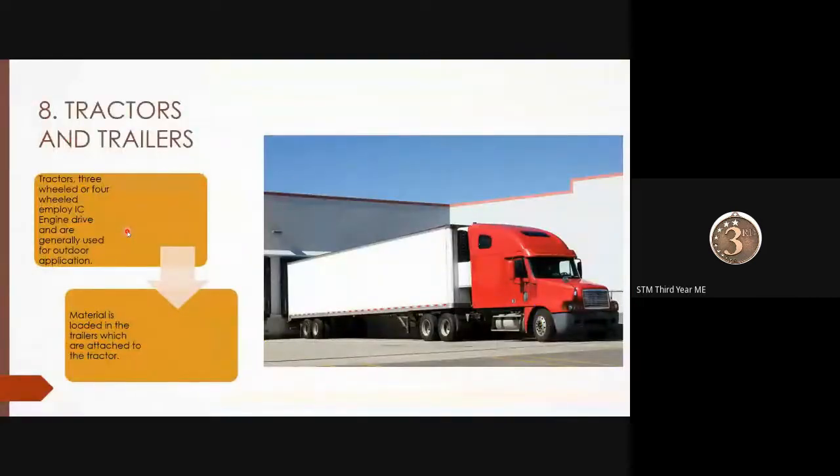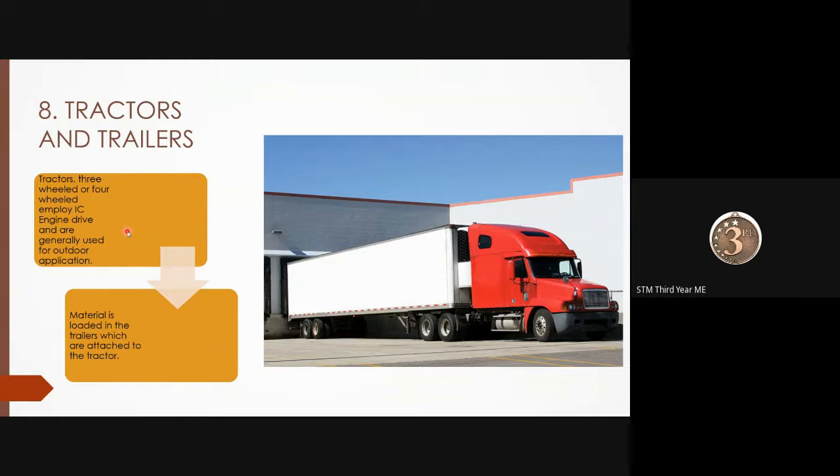Next comes tractors and trailers. These are also transportation vehicles, or material handling devices, that help in the transport of both packaged products and raw materials. During the initial and the final stages, tractors and trailers play a huge role, transporting items from the source to the company, or from the company or the industry towards the market.